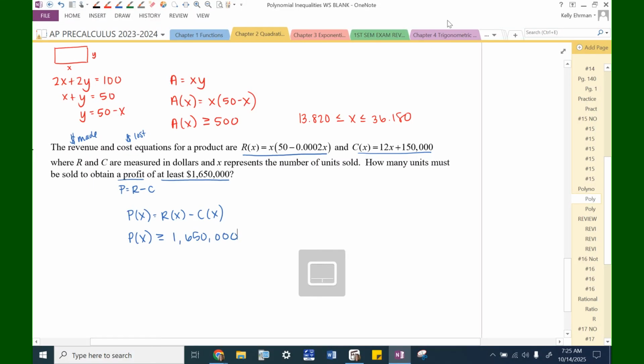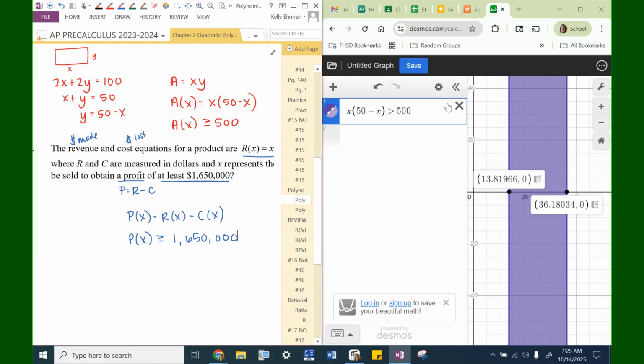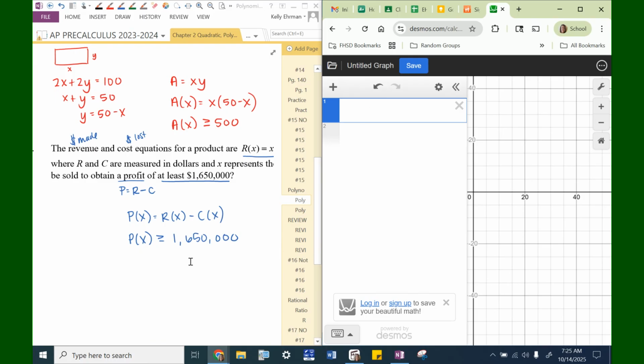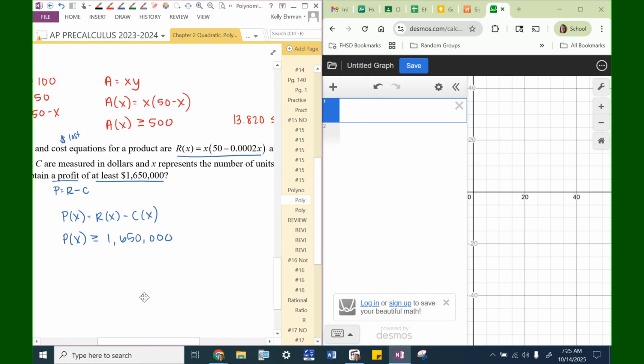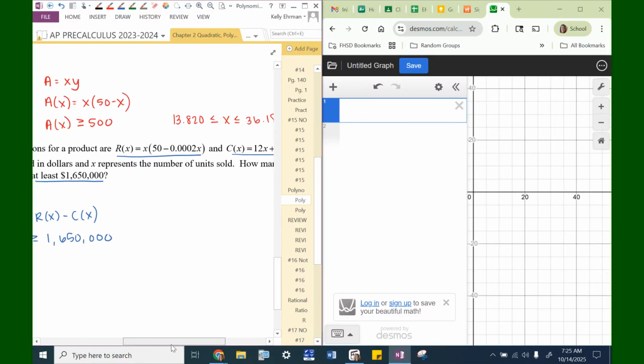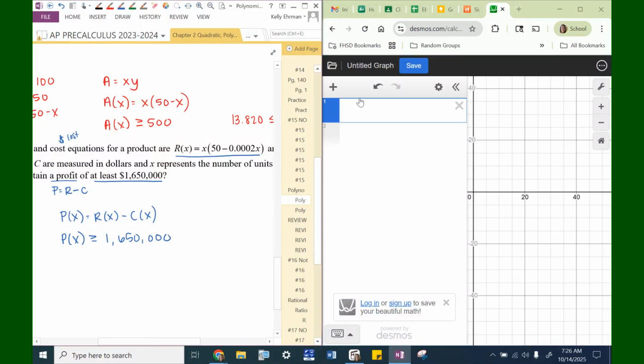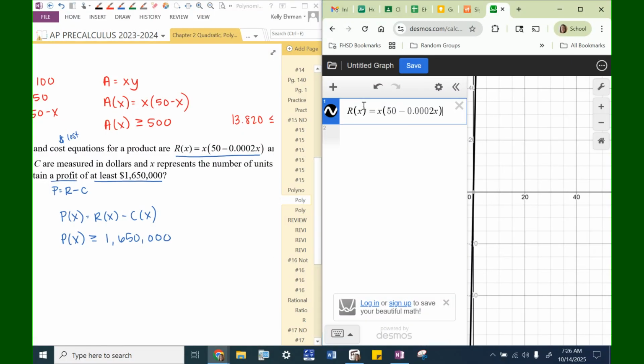So you can either type this in all at once, or, anytime there's subtraction, I feel like sometimes we mess up, you need to make sure that you distribute the negative through the cost equation. So either use parentheses, or you can do this: R of x equals x times (50 minus 0.0002x).